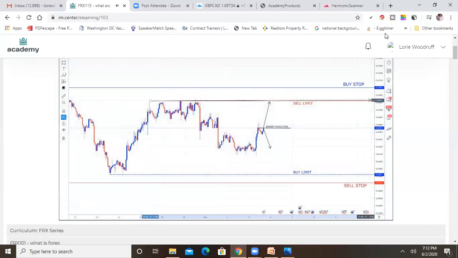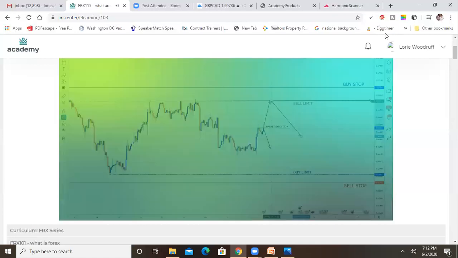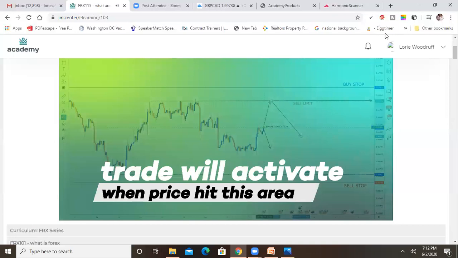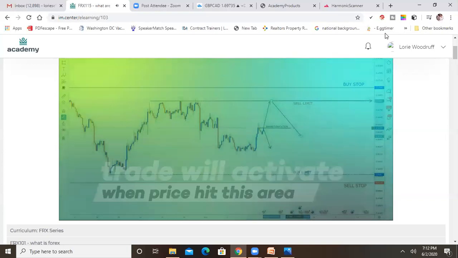And if a trader wants to anticipate a market rising to this current price and then dropping, the trader can put in what's known as a sell limit. This trade will activate when price reaches this area, it will open up the trade, and as price starts to come down, they'll be able to make money.